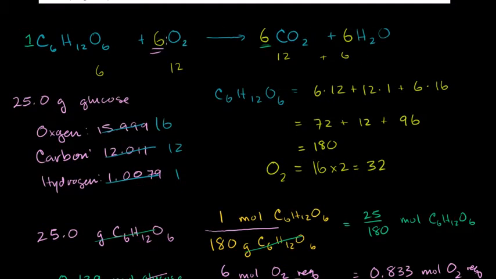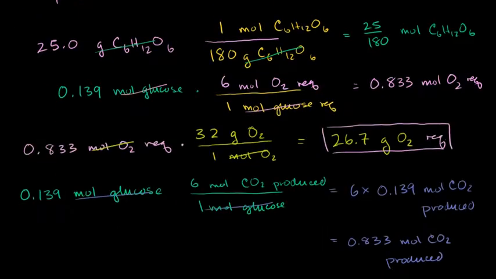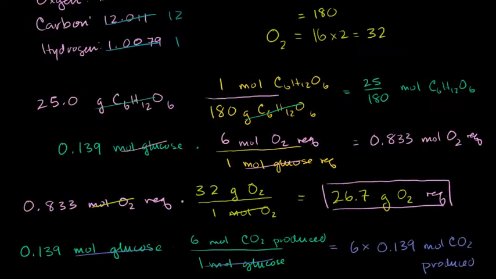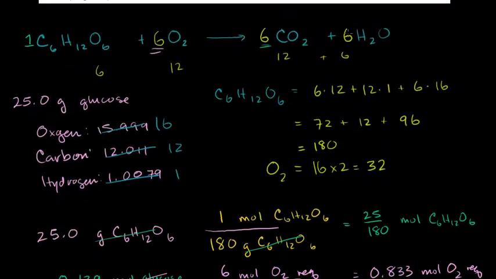For every mole of this used, you have a mole of that produced. Or every 6 of this, you have 6 of that. So by the very same logic, you're also going to have 0.833 moles of water produced. For every mole of carbon dioxide, you have a mole of water. Here it's 6 for 6, but it's a 1-to-1 ratio. You could think about it like that.